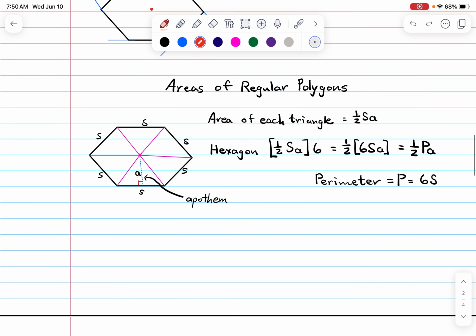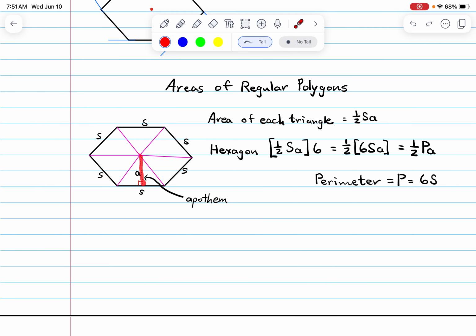Now, I want to talk about the areas of polygons. I'm going to go back to this six-sided polygon here. And these are regular polygons. What I'm saying here only relates to the regular polygons. Now, if you think about it, I can make triangles, as I did before. Out of each side, I can make a triangle. So I get six triangles here for this one. The area of this triangle and all of these is just going to be 1/2 base times the height.